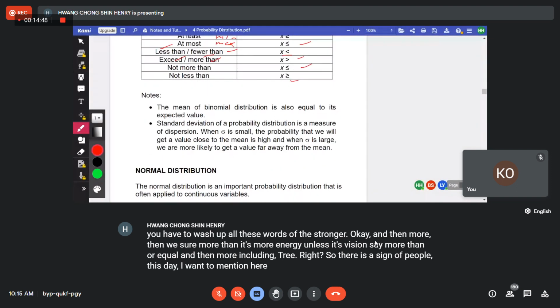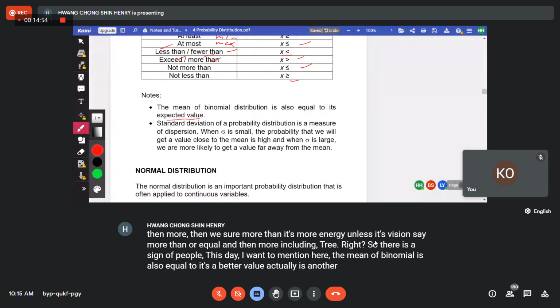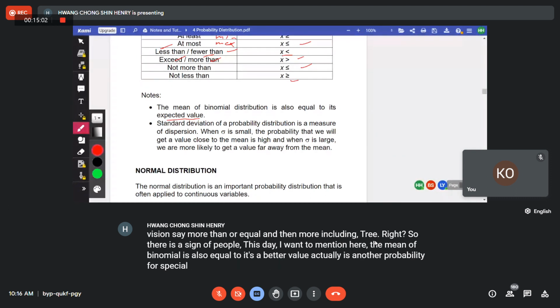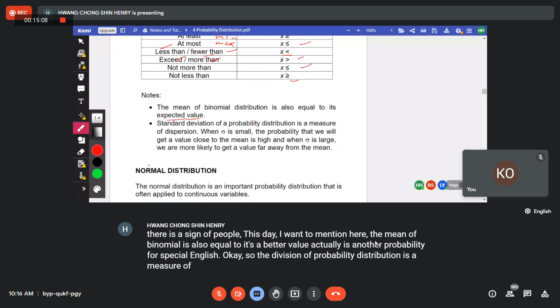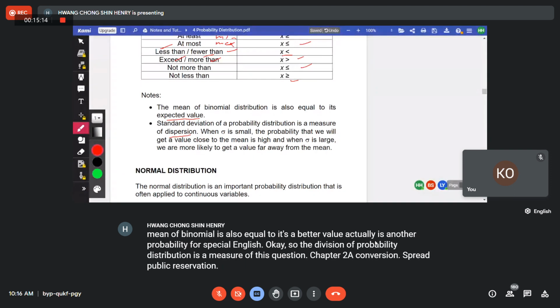The mean of a binomial is also equal to its expected value. Now, this expected value is actually another probability; we call it expected value for special distributions, so we're not going to cover it in this chapter. The standard deviation of a probability distribution is a measure of dispersion. In chapter 2a, remember dispersion, spread, how big your variation is. Remember when we talked about CV, coefficient of variation.